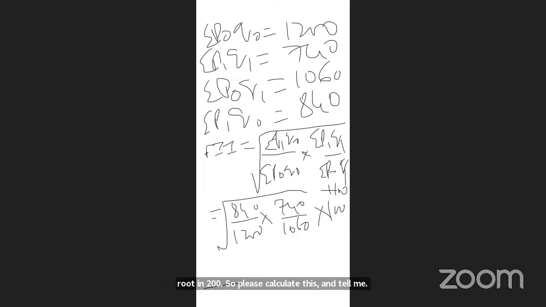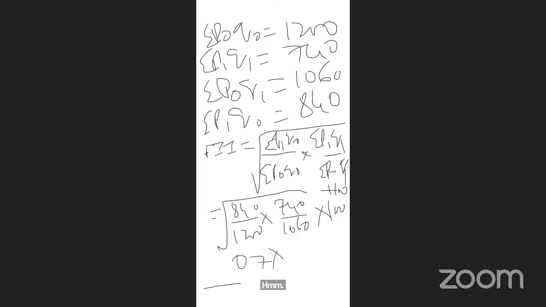Are the values right? Sigma P1 Q0 is how much? 840 divided by 1200 is 0.7.